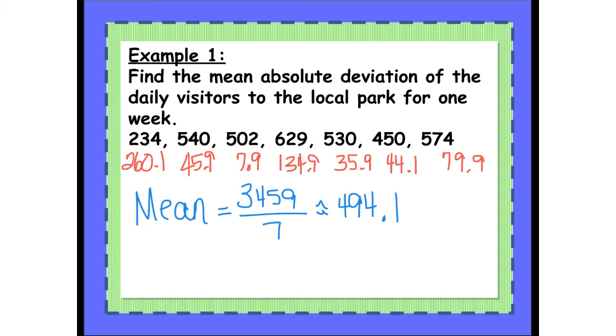Now I need to find my MAD. In order to find the MAD, I have to add up those numbers I just wrote in red. I have to add up their differences.